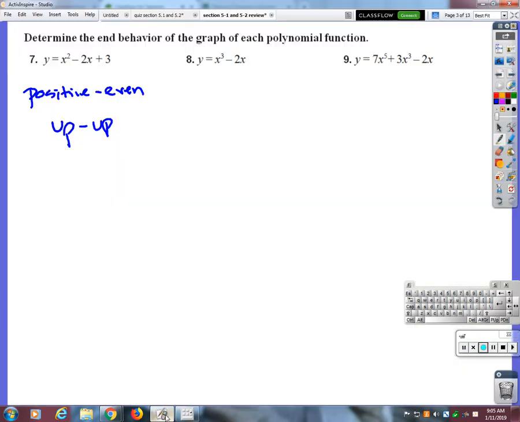Okay, Kate. What about number 8? Yep, good, because this is the lead term and it is positive, and the exponent is odd, so that means the end behavior is down, up.